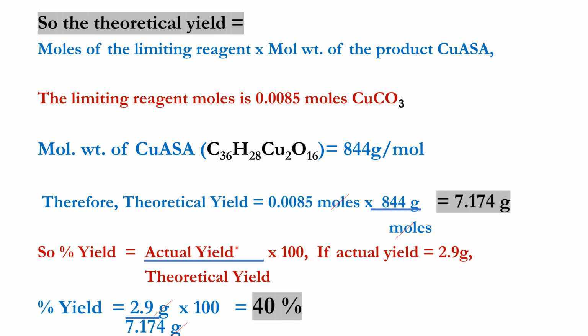So you simply put 2.9 gram for actual yield divided by the theoretical yield, which is 7.174 gram. This gram cancels this gram. So when you do this division and multiply by 100, you will get that the percentage yield is approximately 40%. So the percentage yield for this problem will then be 40% if the actual yield is 2.9 gram.